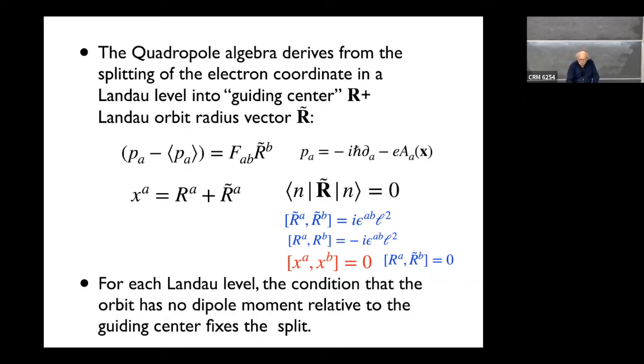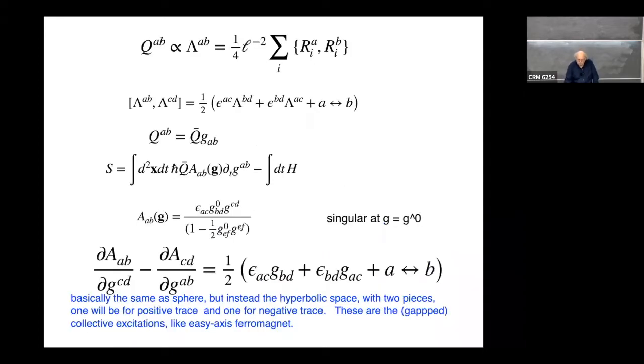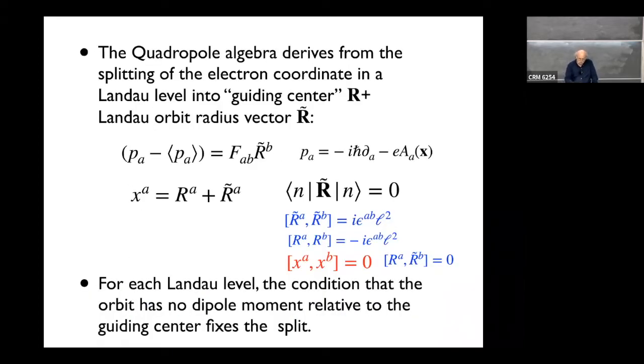So we can define the Landau orbit radius vector. Whoops, I call it R tilde, and it is related to the momentum of the Landau orbit. And the key thing is that the electron coordinate is split up into two parts. The guiding center, which is the mean position of the particle averaged over its orbit.